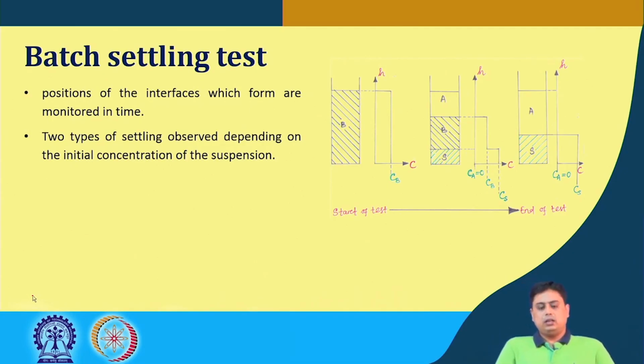Let us say you have somehow created a suspension of initial concentration Cb, which is mentioned here. Now, it is filled to a height h from the bottom of the vessel, and then you leave this suspension to settle.